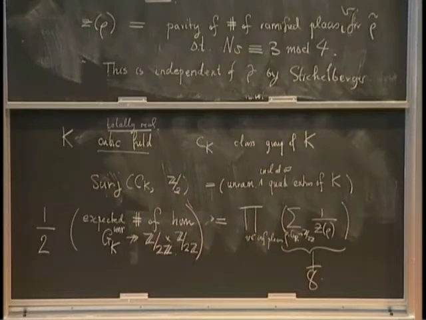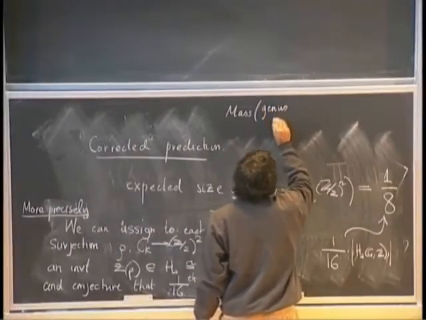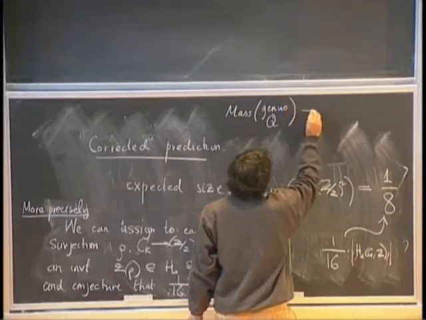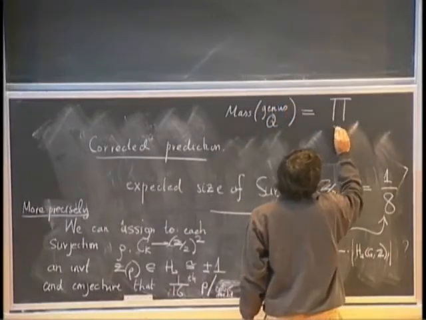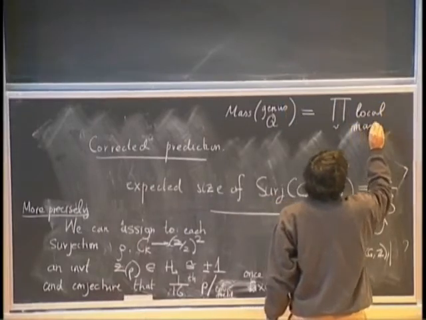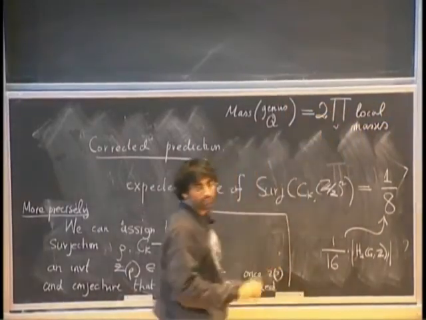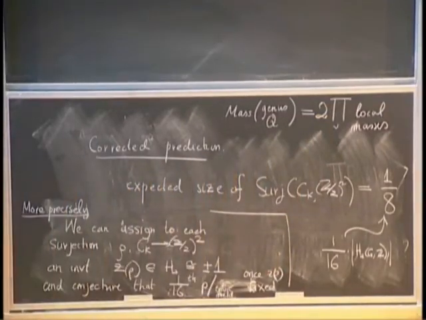In fact, I've been teaching this class on the geometry of numbers, and I noticed there's a very similar story. If you look at the mass formula for quadratic forms, there's a mass formula which says the mass of the genus of a quadratic form is a product over places of local masses. But even in this formula, there's a 2 which comes from the Tamagawa number of the special orthogonal group.